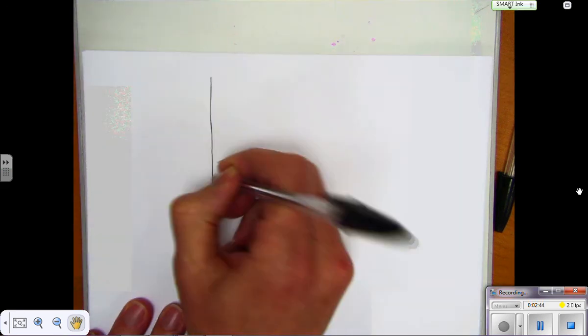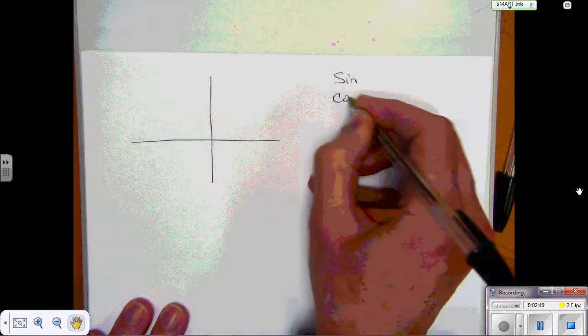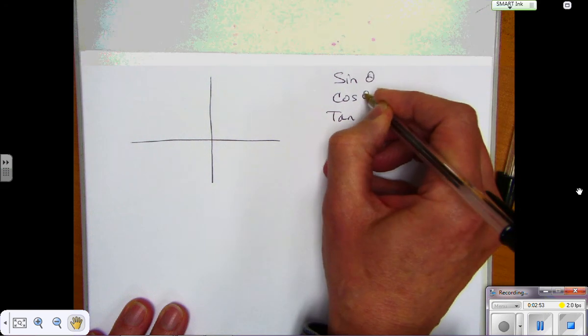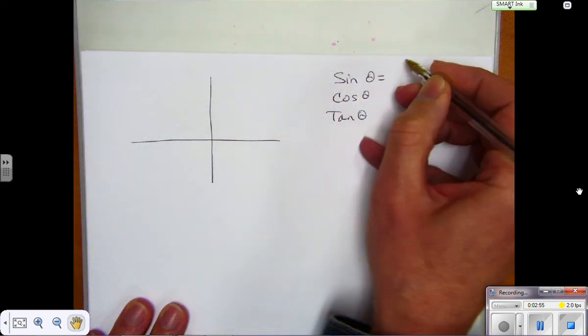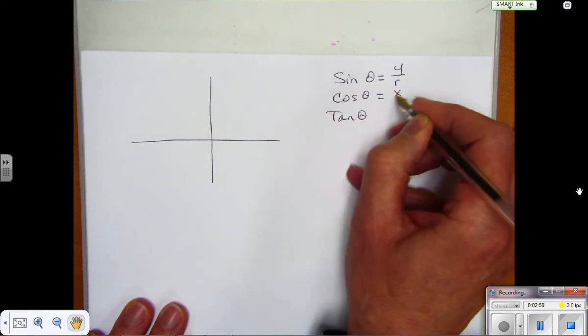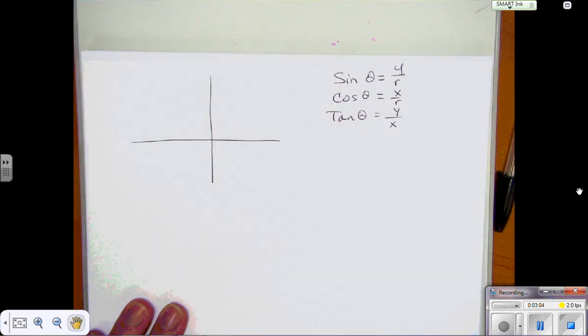In your coordinate plane, your sine, cosine, tan ratios are y over r for sine, x over r for cosine, and y over x for tangent. Sometimes those values are going to be negative and sometimes positive. It depends on what quadrant you're in, because even though r is always positive because it's a distance, x and y sometimes are negative because of the different quadrants.